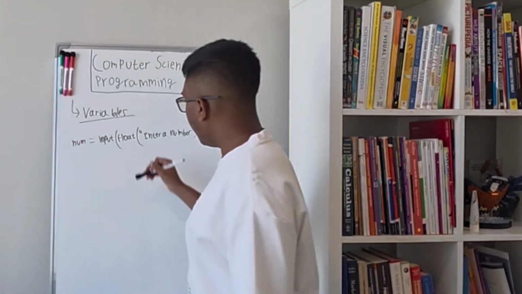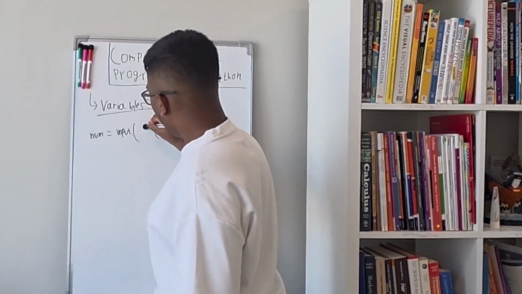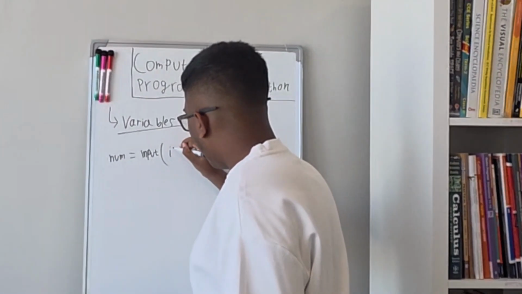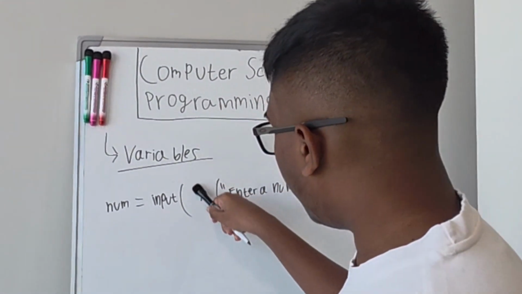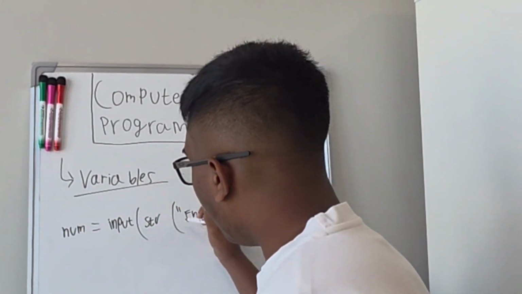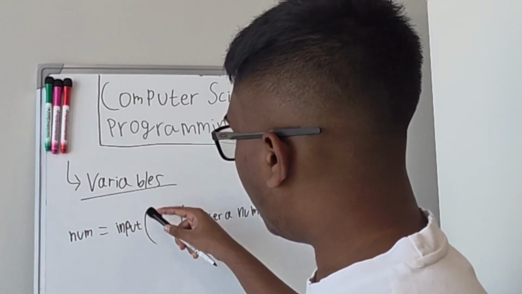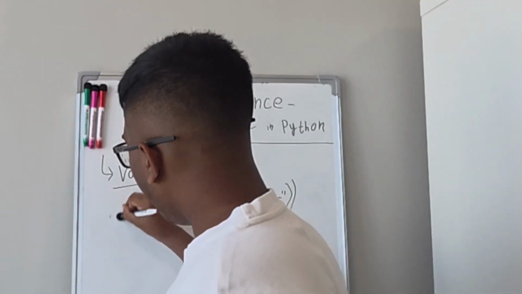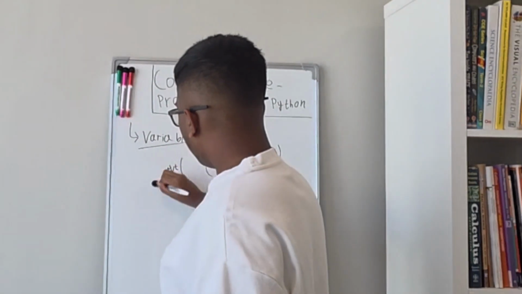And if we wanted an integer, we would write int. If we wanted a string, we would write str. Alright? So that is how to use variables.